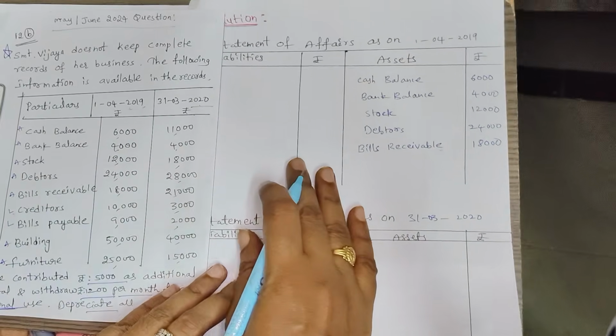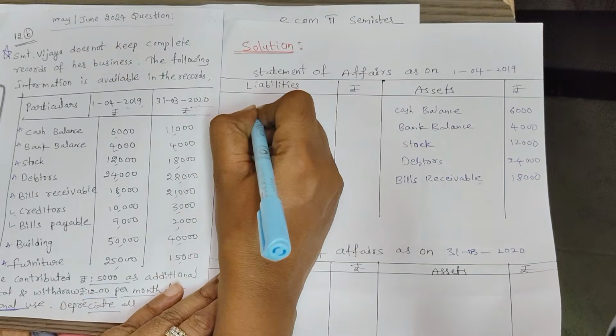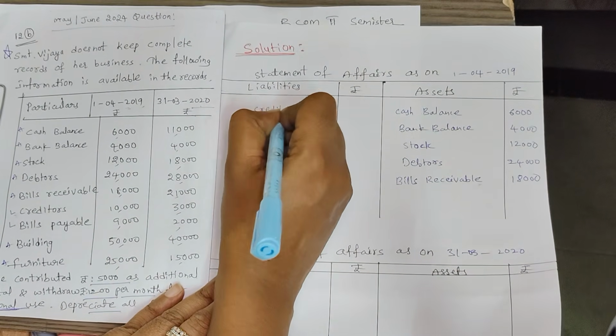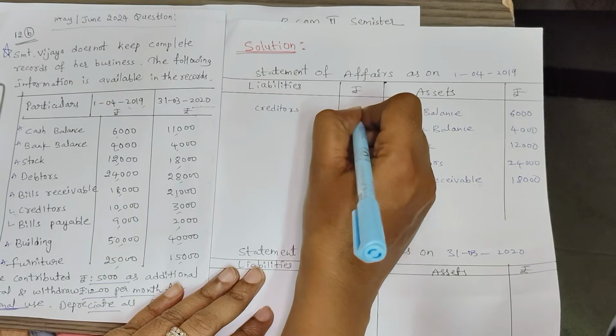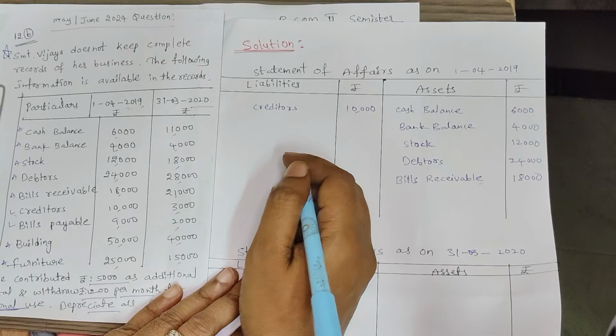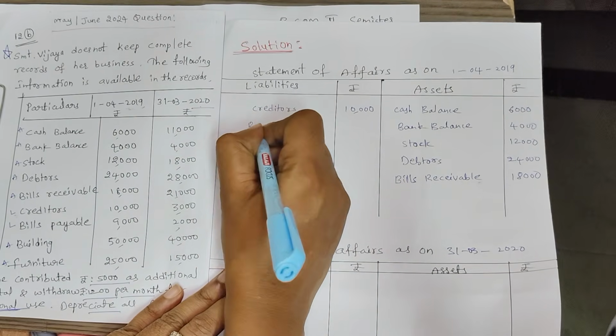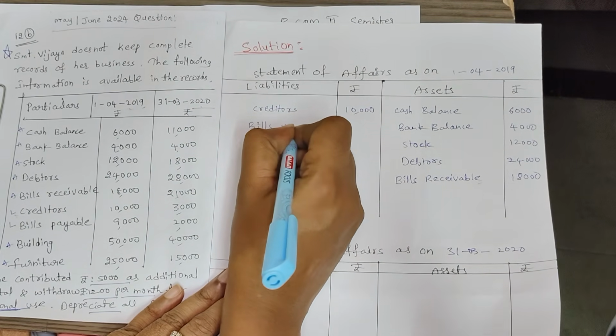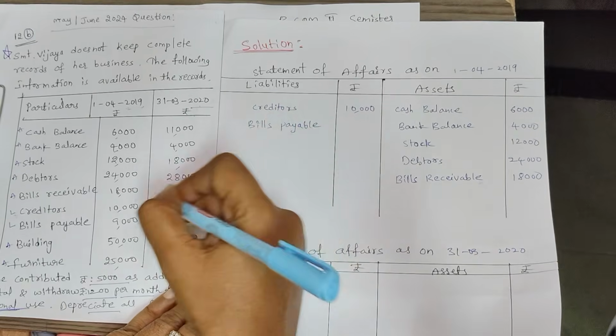Next, creditors. Creditors are liabilities. 10,000. Just I'm writing only 2019 details here. Bills payable 9,000.